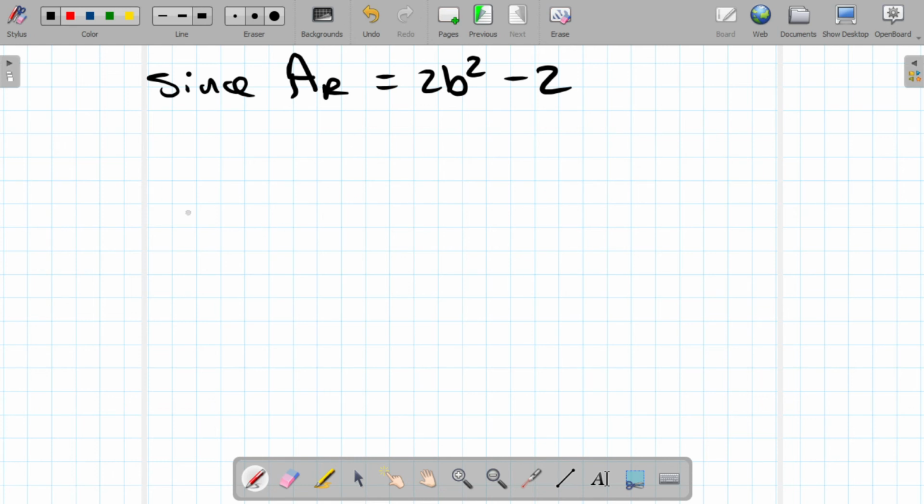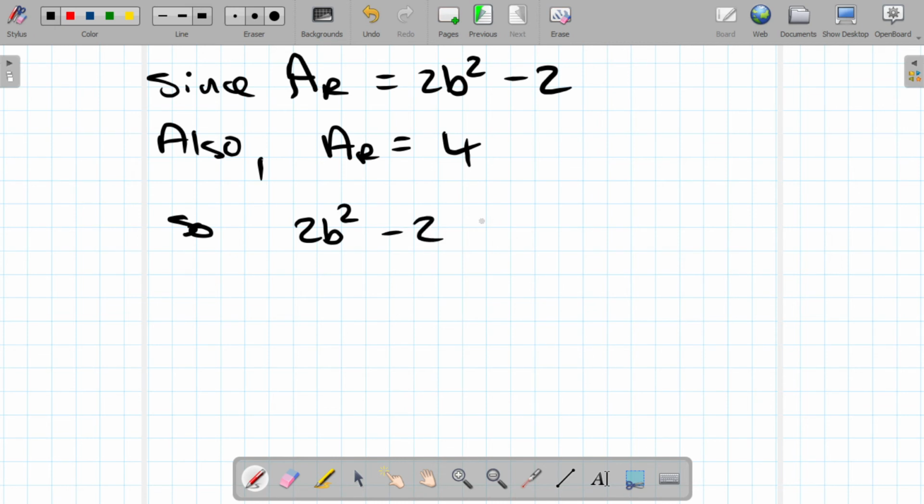And we know that, well, we've just worked out that AR is equal to 4. So this means that if AR is equal to 2B squared minus 2 and AR is equal to 4, then 2B squared minus 2 is equal to 4, isn't it?